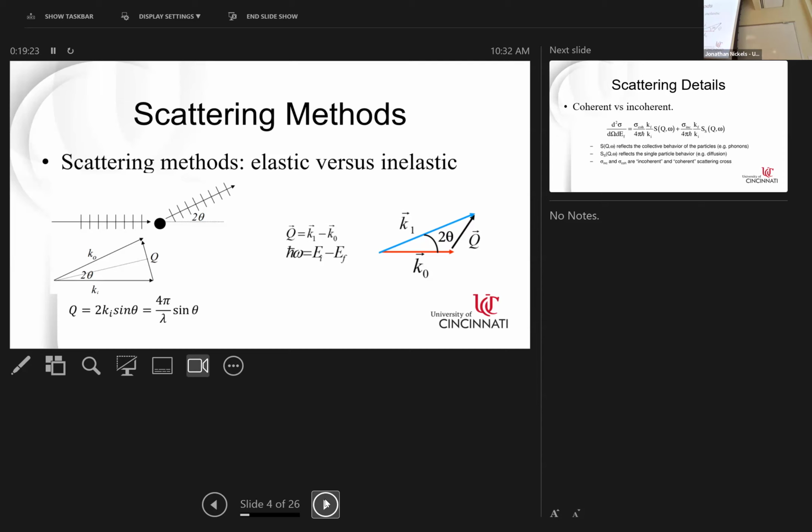So it goes through your sample and goes from being this nice delta function to some broad Gaussian function. The distribution in energies, or in times at which your neutron arrived at the detector, reflects changes in momentum in the neutrons from their interaction with your sample. That's dynamics. That's why spallation sources are so good for that.